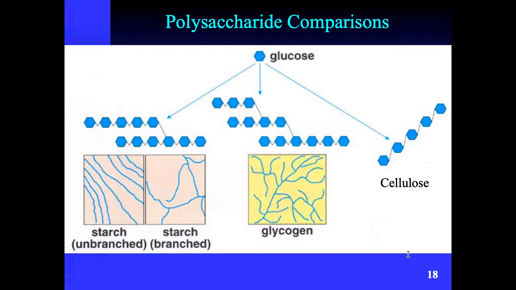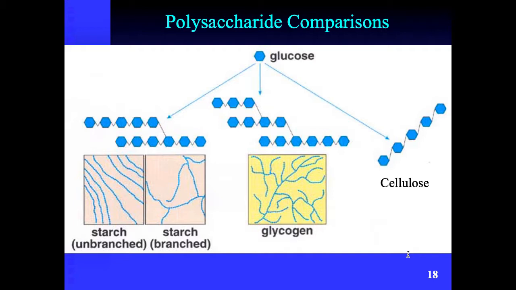In glycogen, you tend to have an alpha 1 to 6 every 5 to 10 glucose molecules. So a little gap there. Amylopectin, you'll have alpha 1 to 6 about every 20 to 25 glucose molecules. So more branching in glycogen.